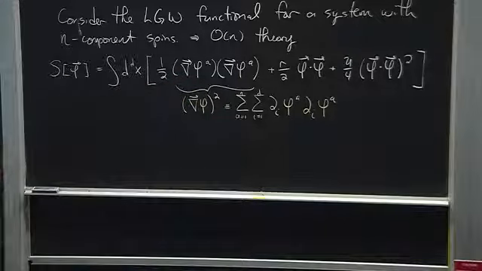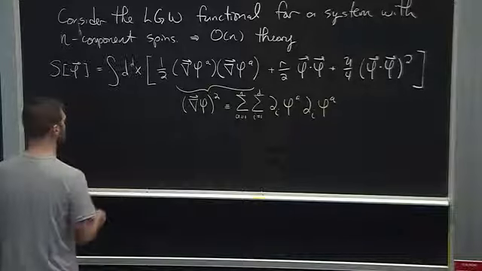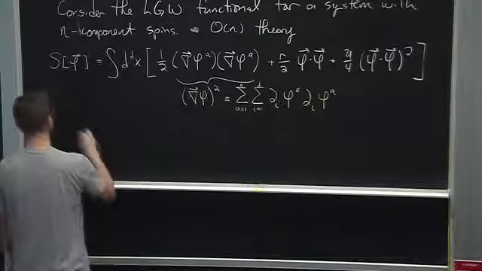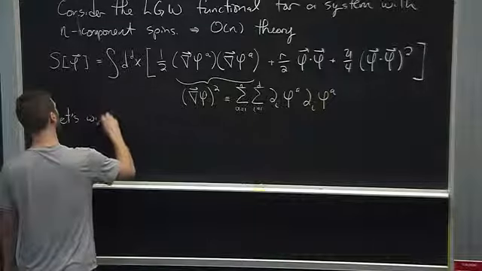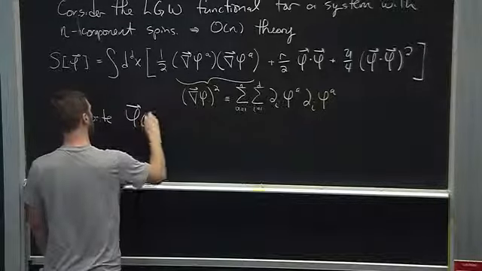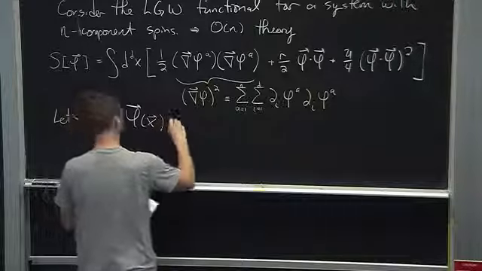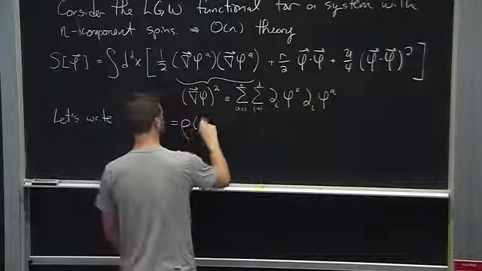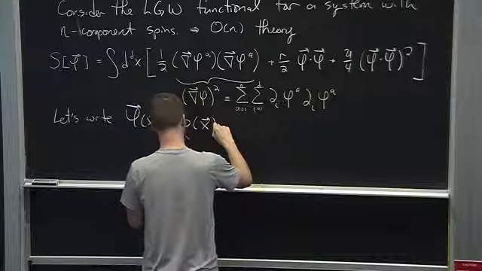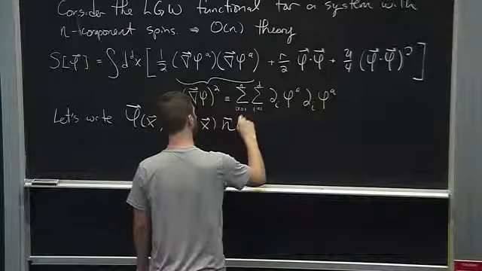So in d-dimensional space, I can define the field as having a direction and a magnitude. I'll call it magnitude rho and direction n.